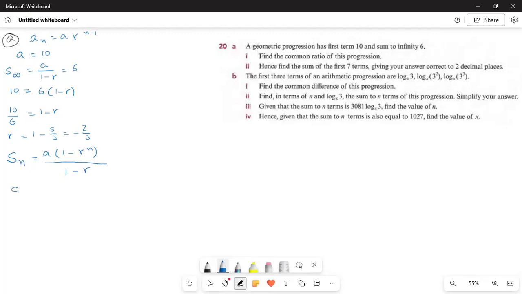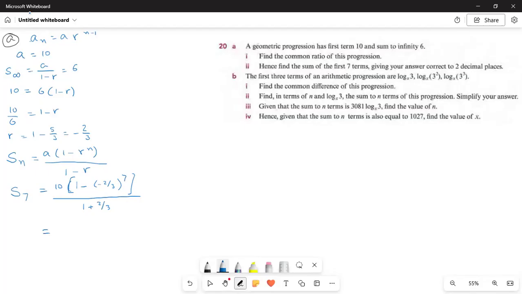So if I have to find the sum of 7 terms, then a, the first term, is given as 10, 1 minus the common ratio, minus 2 by 3, raised to the power 7, in square brackets, divided by 1 minus r, which is minus 2 by 3.